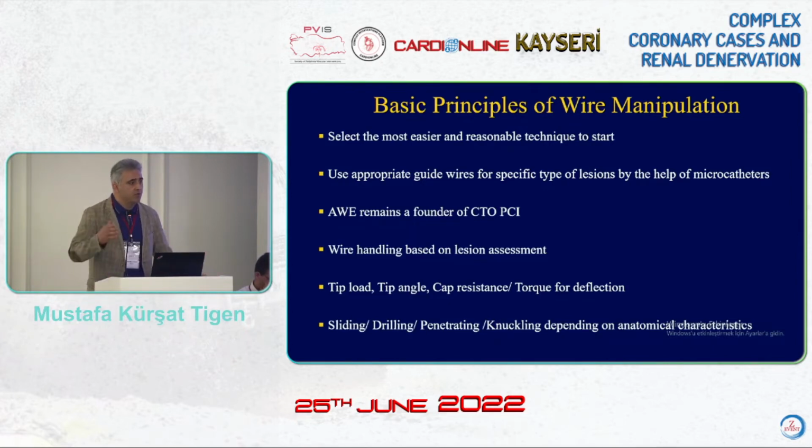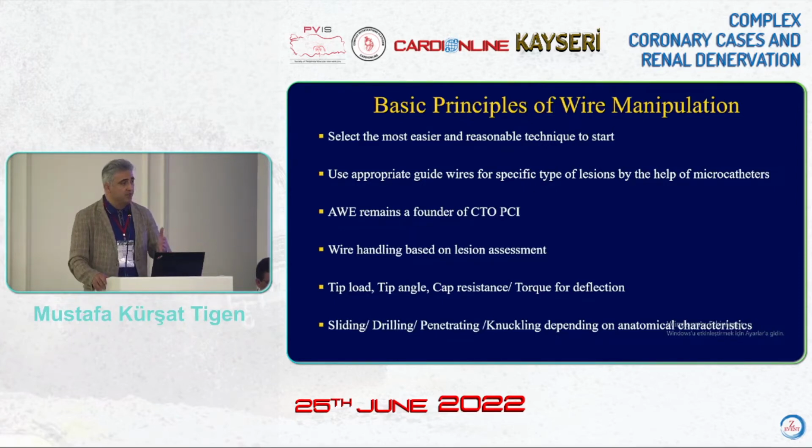You cannot say that I'm very good, I'm done, because then failure starts. You should continue learning. Tip load, tip angle, and torque deflection are important words, and you have to learn them.